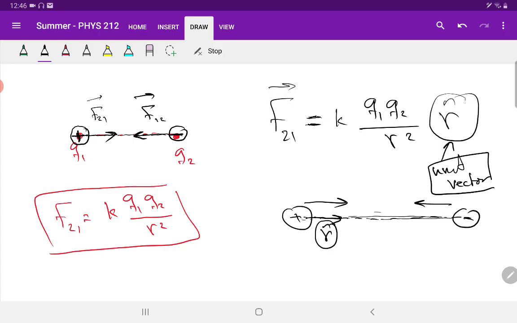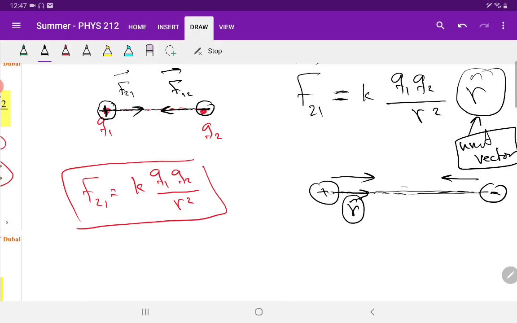Now, all I need to know is in which direction. We know when we have a line, it could go left or right, up or down. So we can identify the direction by identifying the type of interaction. Is it attractive, or is it a repulsive force?